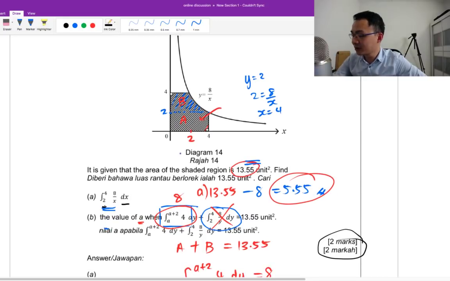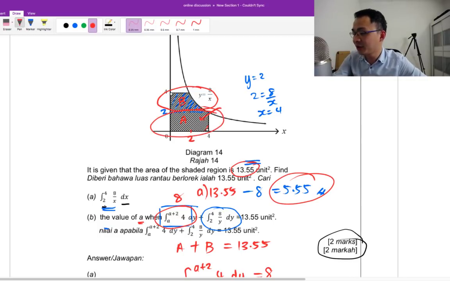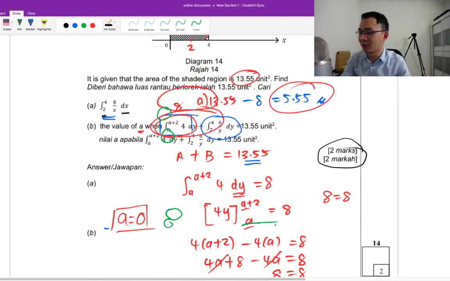Because this part, when I cross it out, it represents this area here. So this part, a to a plus 2, 4, actually represents this area. So for this area, you just take the range 0 to 2. So a is 0, this is 2. Just from the diagram, try to understand it, because he says it equals 13.55. This one is not about the calculation. This is the reason why when we do the calculation, we actually don't get the answer.